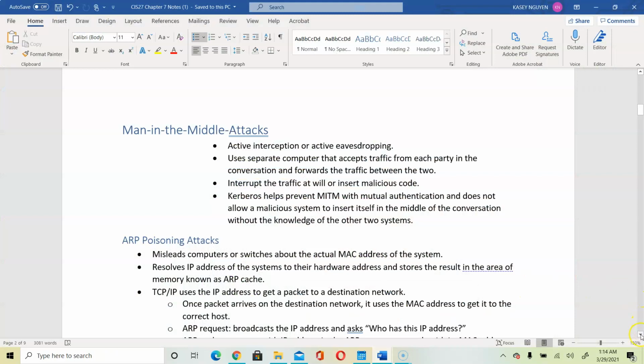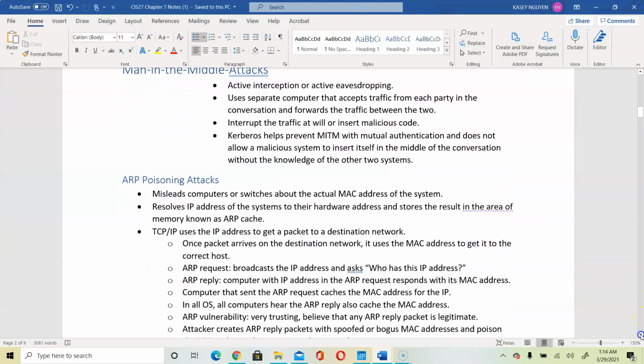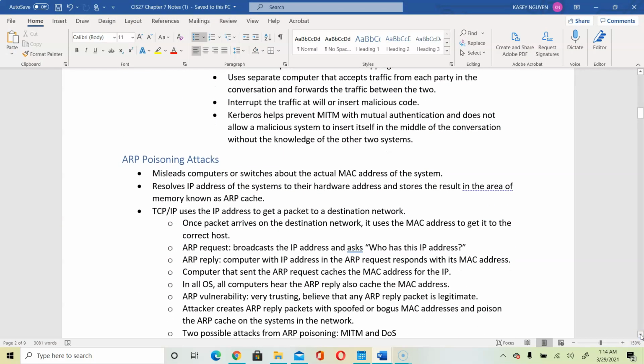Now, the next form of attack is ARP poisoning. ARP poisoning misleads the computer or the switches with the MAC address. ARP stands for Address Resolution Protocol, and it resolves MAC address to IP.